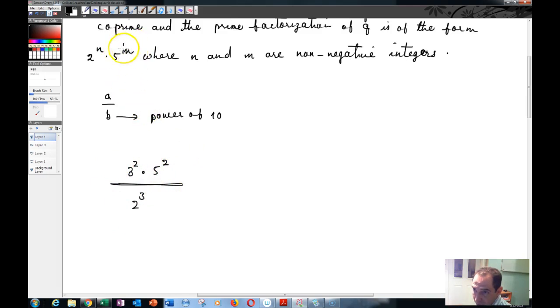Although m is 0 over here, so you have no factors of 5 in the denominator, you can add those factors in.